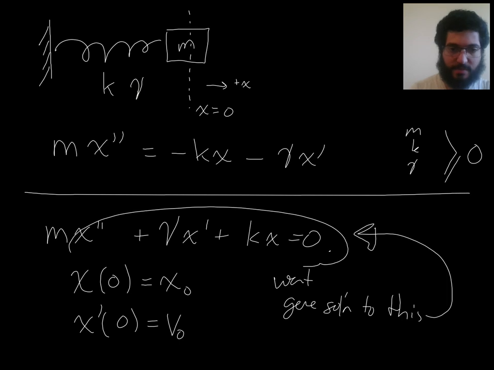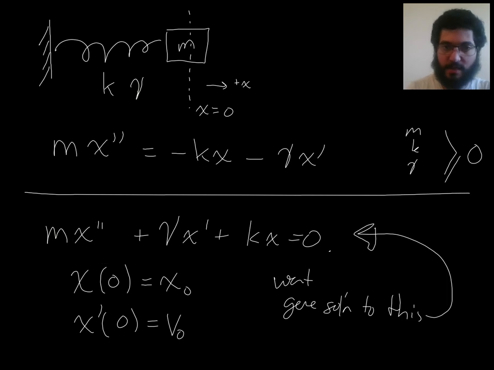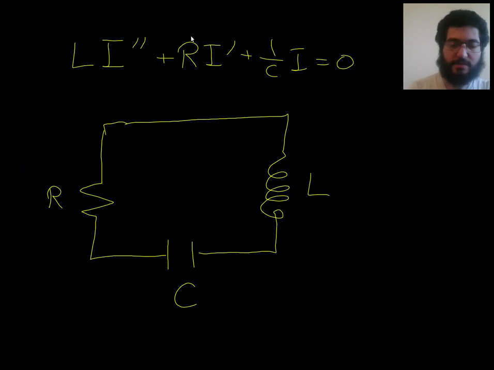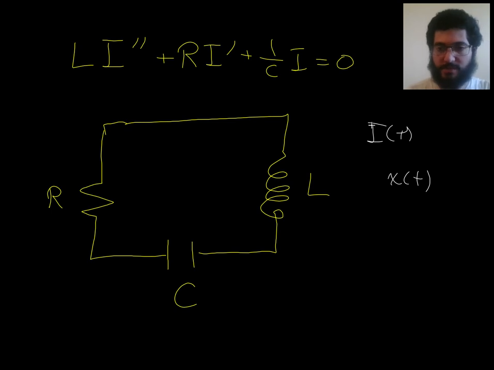It's just that m and gamma and k have been replaced by other things. I of t is now being used instead of x of t, where I of t is the current through the circuit. Or if you didn't want to take an extra derivative, you would have ended up with q of t, the charge on the capacitor plates. But it's the same deal. What's going on here is the same.